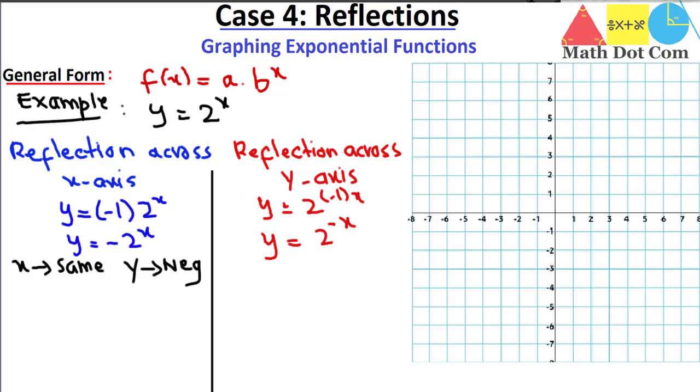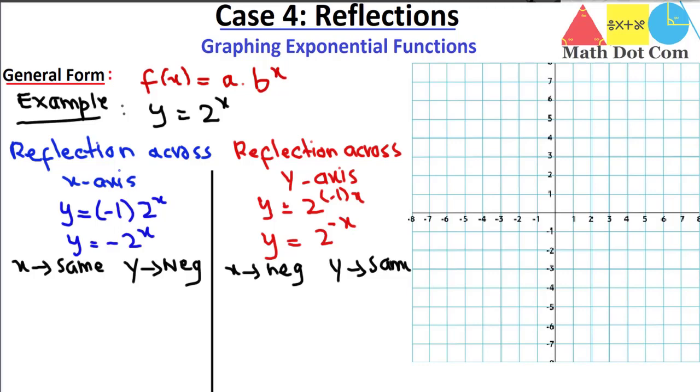While in the case of reflection across y-axis, the value of x will become negative, but the value of y will remain the same, that is positive. So it's easier whenever you plot these values. In reflection across x-axis, you keep the value of x as it is and just invert the values of y, and it's opposite in the reflection across y-axis.